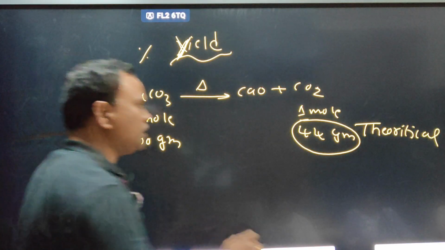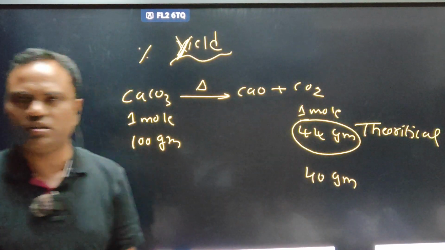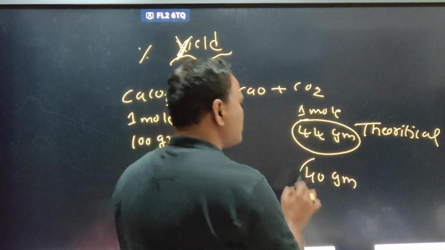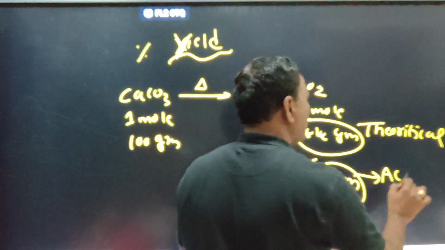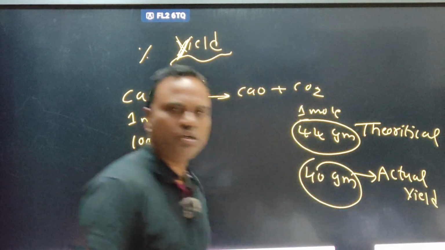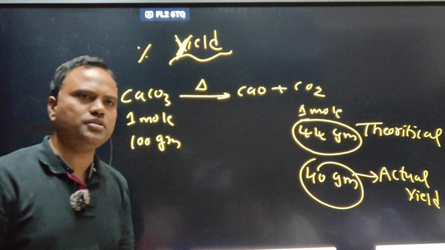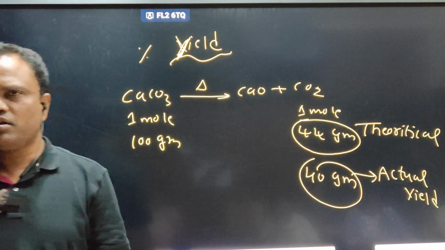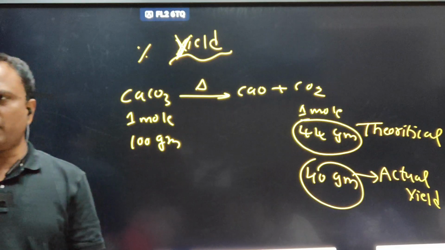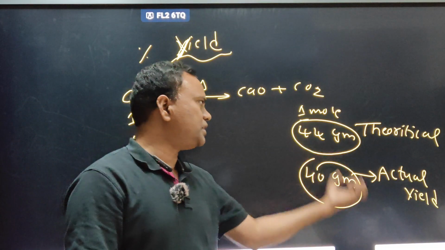But if we get 40 grams practically, that is called the actual yield. Because of impurities in the starting material or contamination of equipment or apparatus, we will always get less than 44.